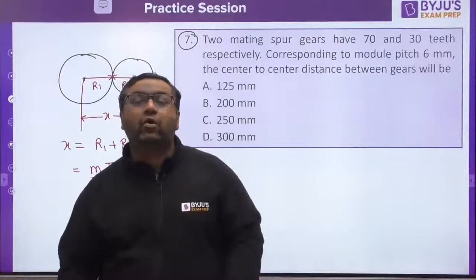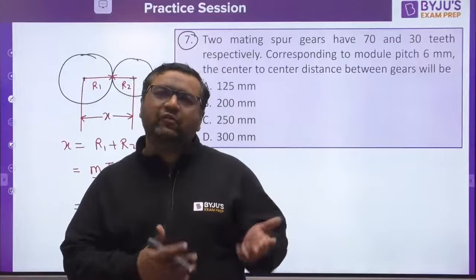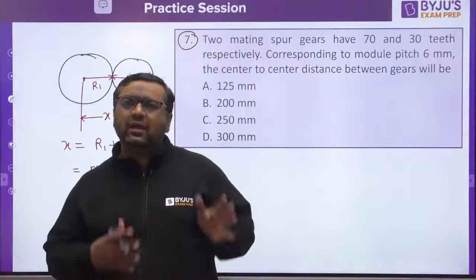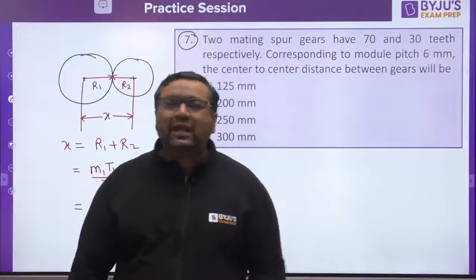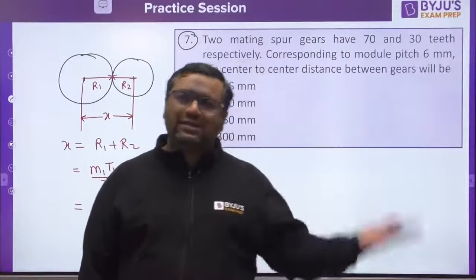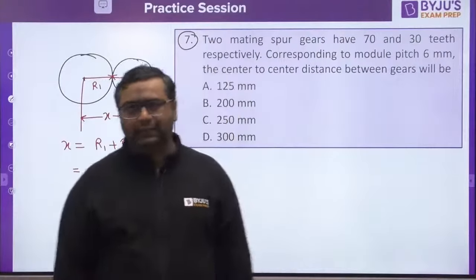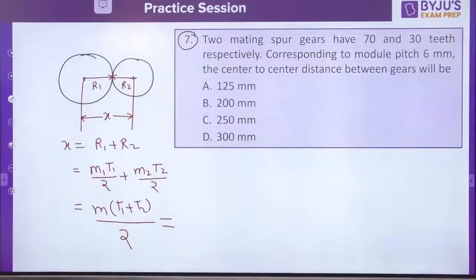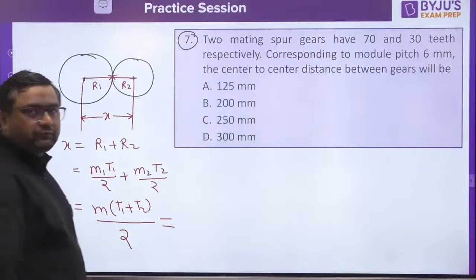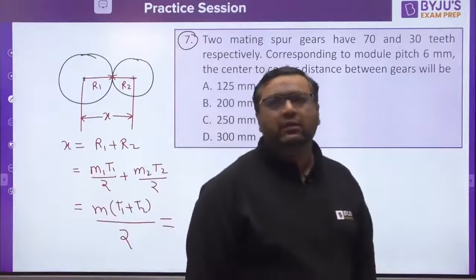If the paper is more lengthy, it is going to be on the lower side. But if the paper is easier, it may go on to the higher side. It keeps on changing every year.